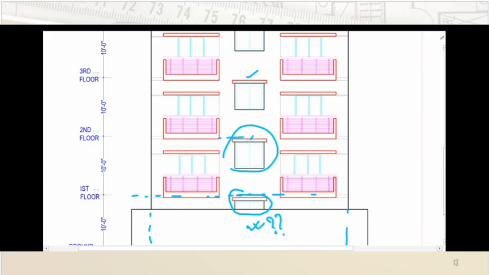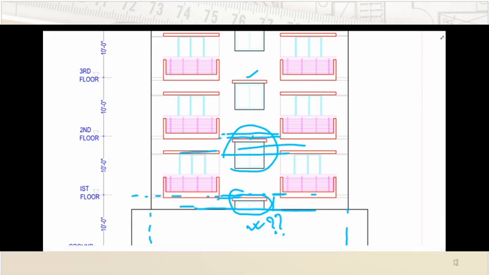So if this is the story height, from this one to this one, this will be the 7 feet story height. Also this one will be 7 feet story height. But what is this extended portion? Why is this one elevated like this?